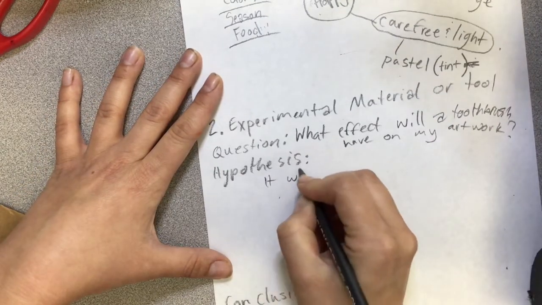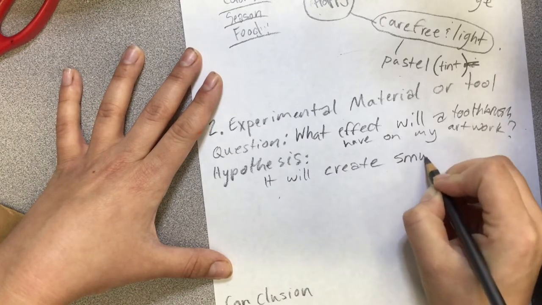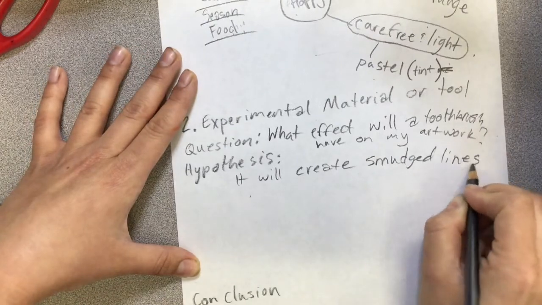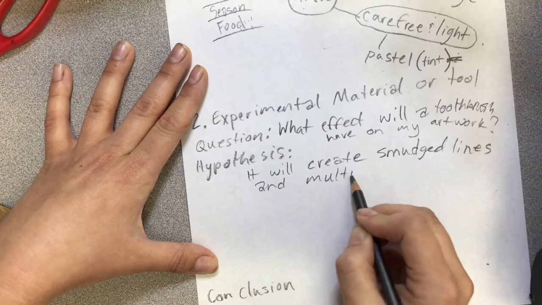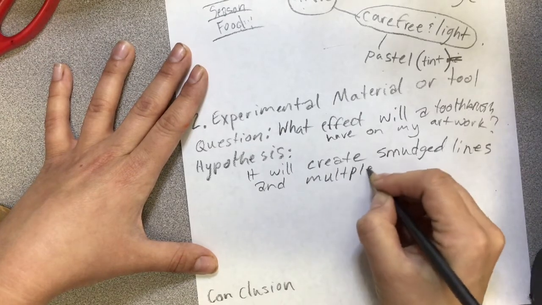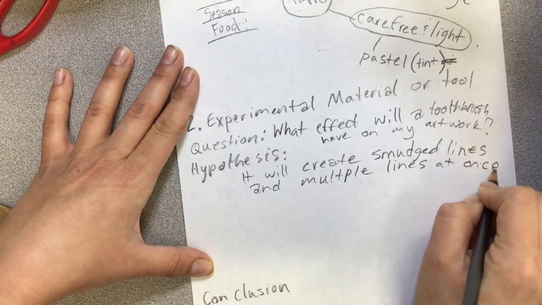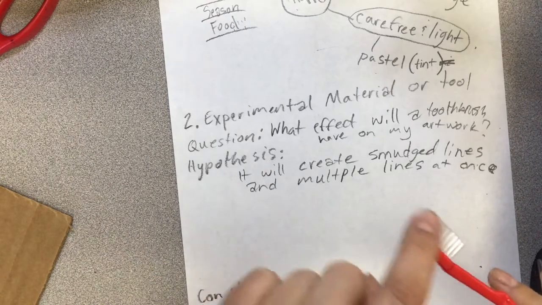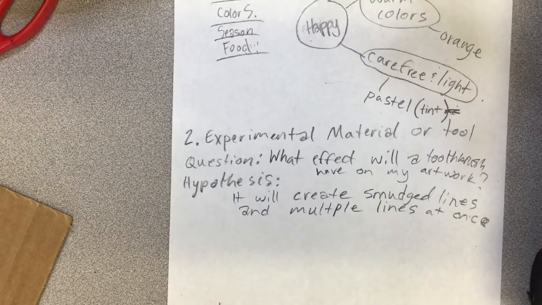It will create smudged lines and multiple lines at once. And I'm thinking that because when I look at my toothbrush, I see that there's lots of bristles, so maybe they will move stuff around in a few ways together. Okay, later I'll write my conclusion, but not now.